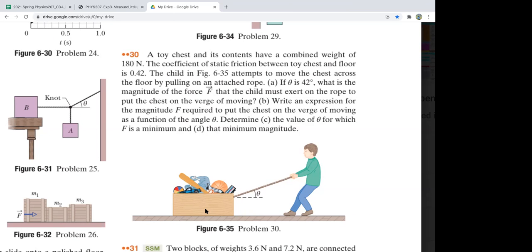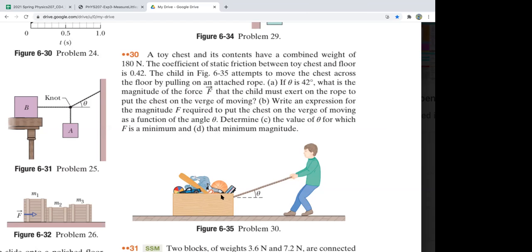So I put on the information, and I don't have to look back to read the question. You see what I mean? I will draw a box and the weight is 180. And then the static mu is equal to 0.42.